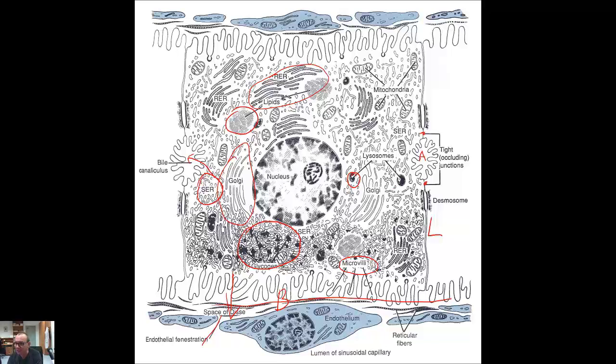Of course, digestion of nutrients. Digestion of nutrients is the main function, so lysosomes must be very prominent here. Peroxisomes are also present here because digestion sometimes needs oxygenation, which is the function of peroxisomes.